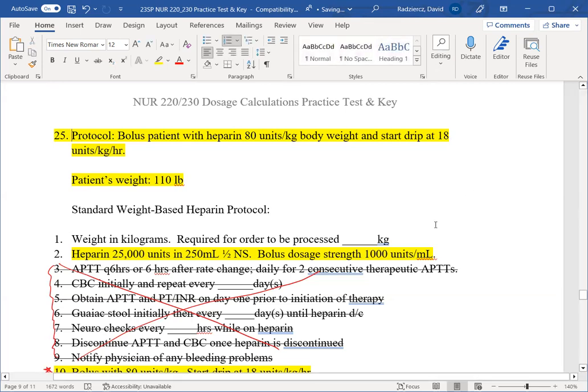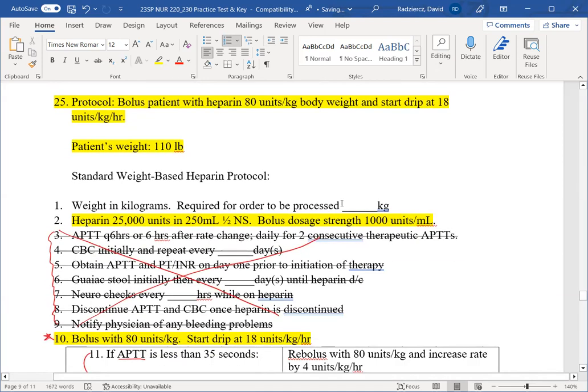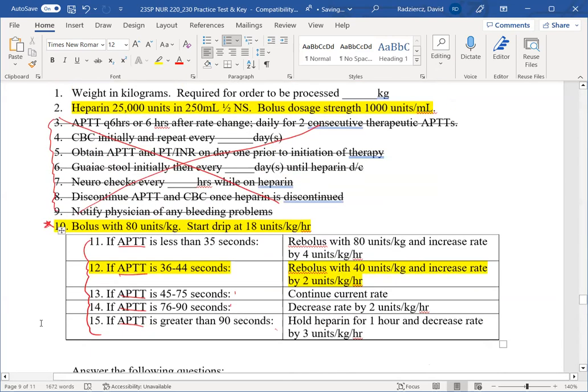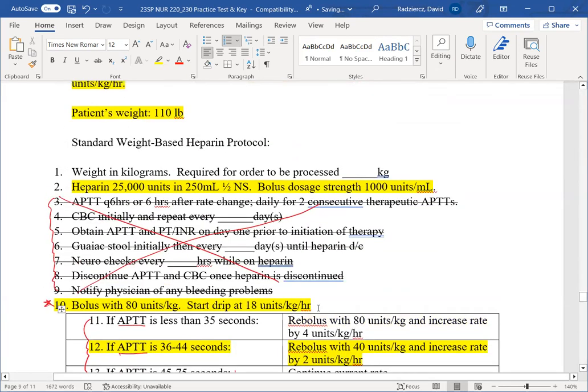So for the Heparin protocol, just to give you a little bit of background and why this looks the way it does, what's listed here, 1 through 15, is kind of like what you would have in your chart, or maybe on a wall, that basically tells you the steps to follow when following the entirety of the Heparin protocol.